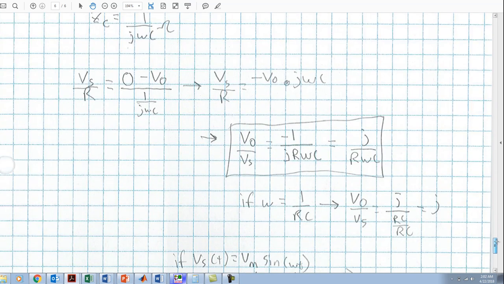And then if we rearrange this algebraically, we divide through by V naught, multiply through by R. What you get is V naught divided by Vs is equal to negative 1 over j R omega c. And in order to get this j out of the denominator, we multiply by j over j, and we get j over R omega c is the gain here.